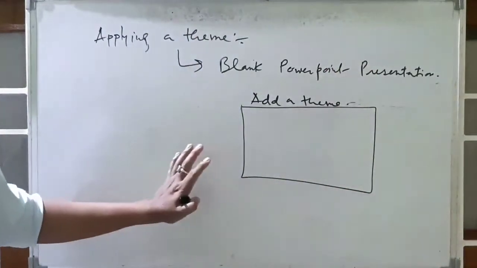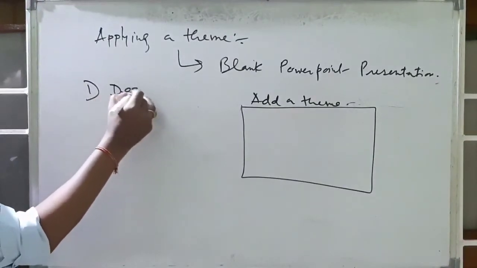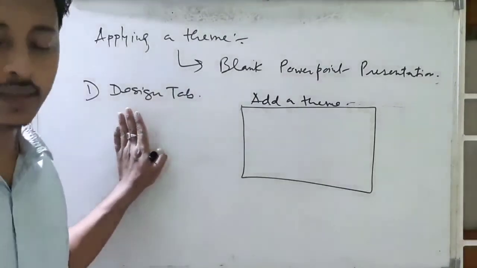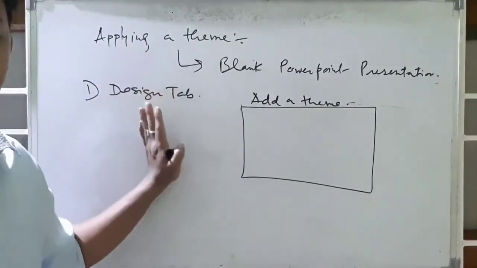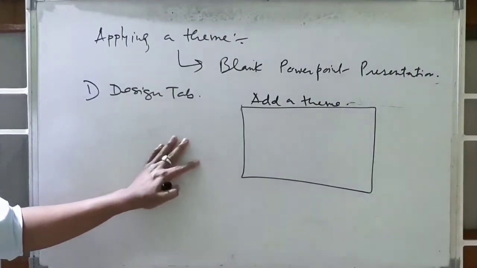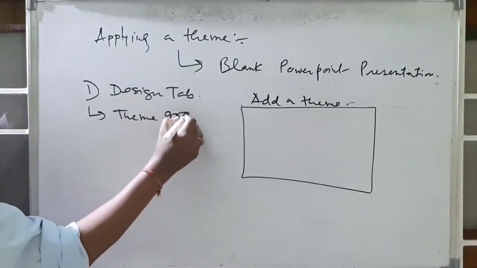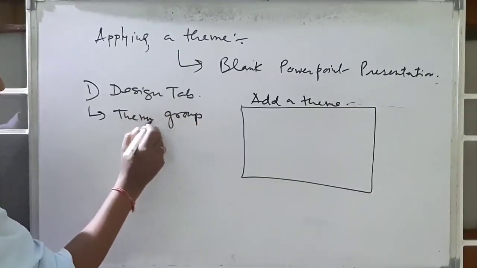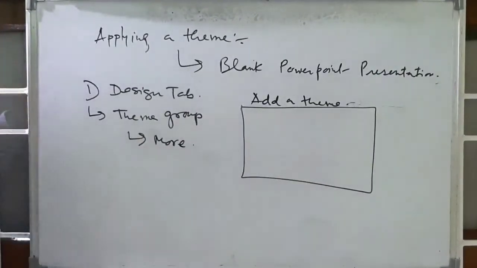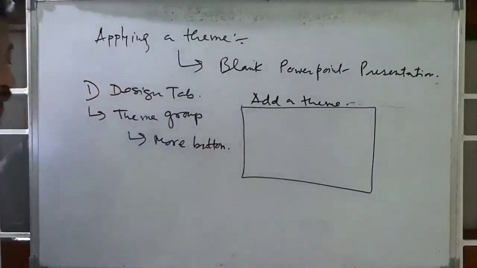To apply a theme, first you have to click the Design tab. There is a tab called Design, at the top of the PowerPoint presentation. Next, in the Theme group, click the More button.